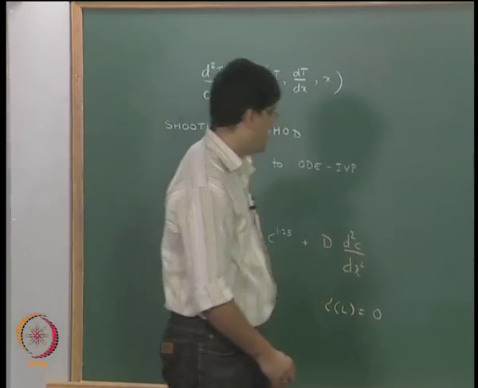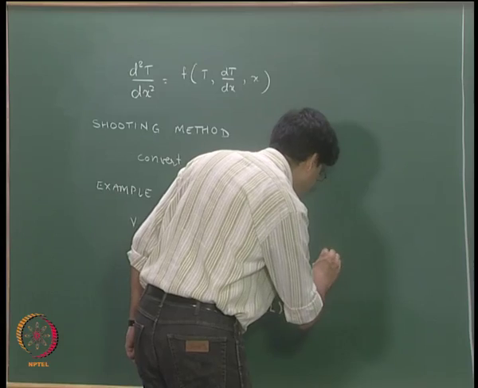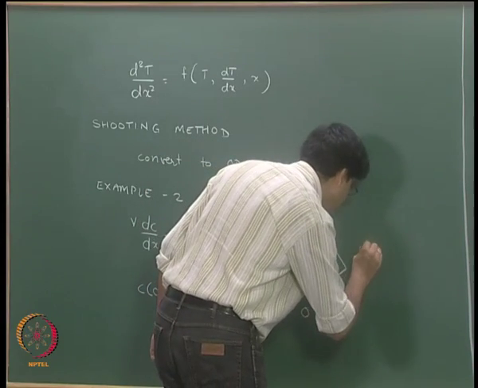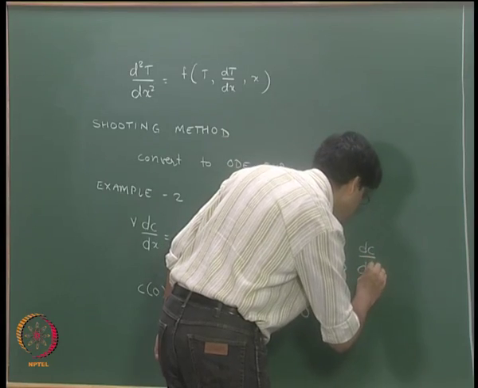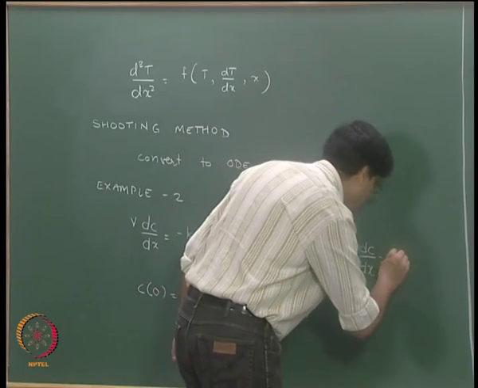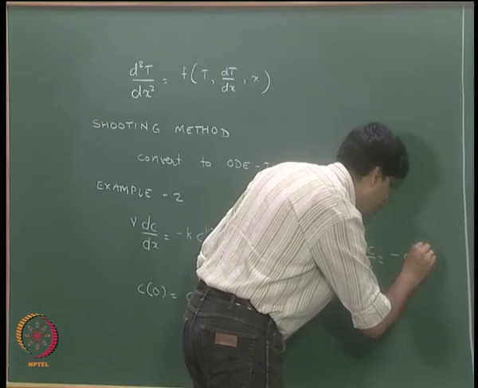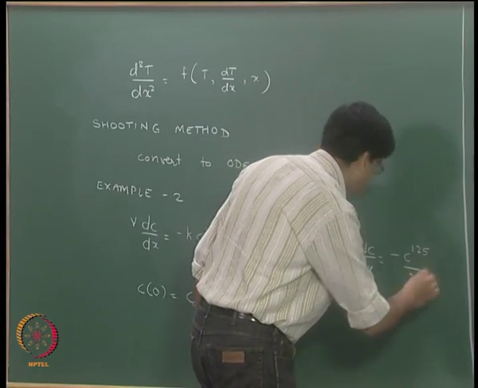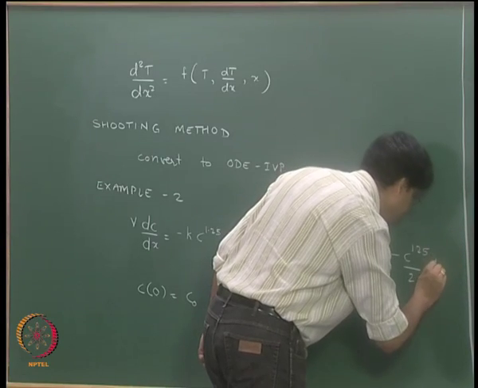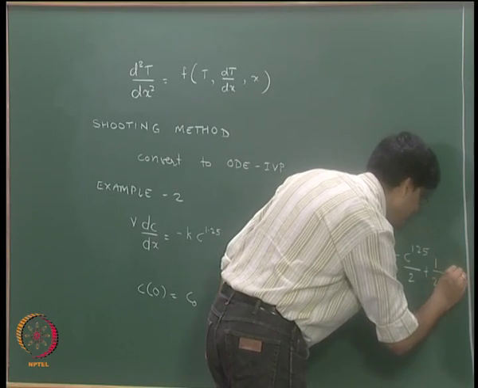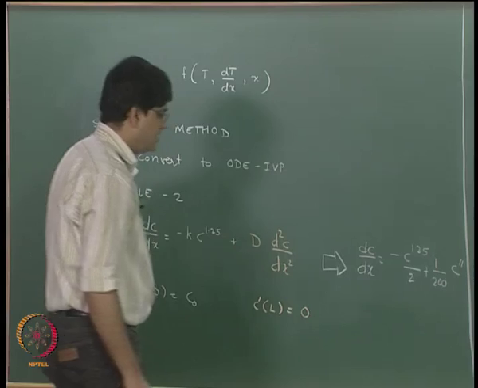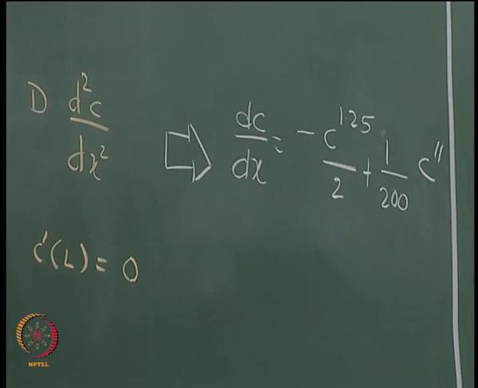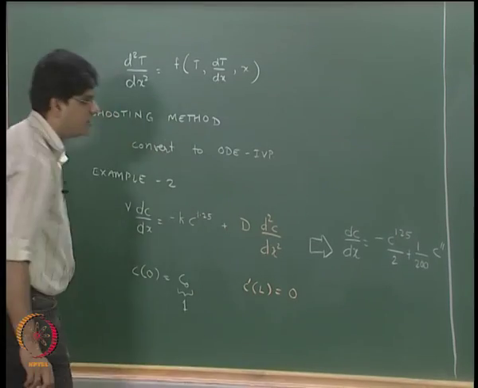Substituting the values, we can have dC by dx equal to minus C to the power 1.25 by 2 plus 1 by 200 multiplied by C double dash. So that would be the example, and C0 that we had taken in that example was C0 equal to 1.